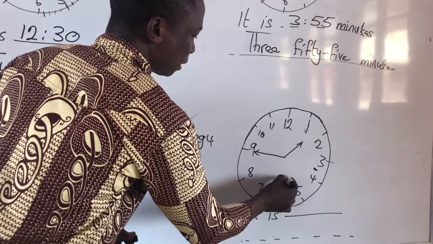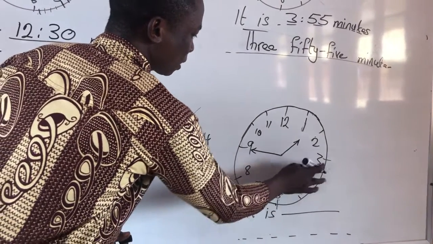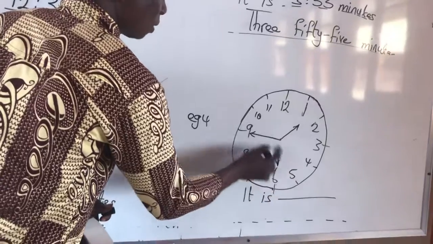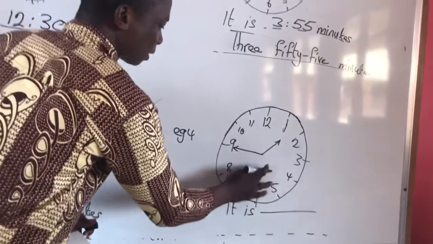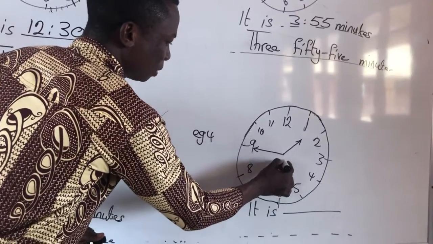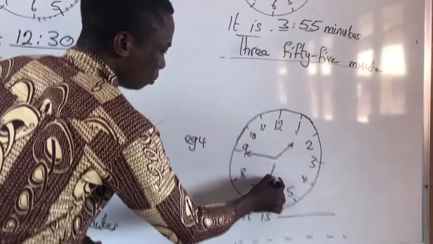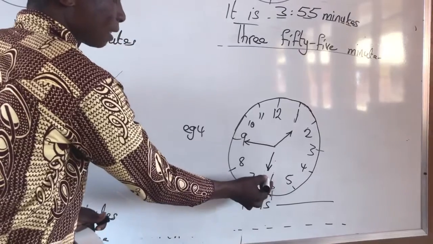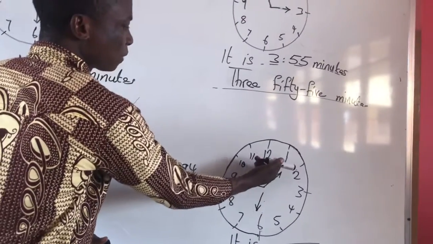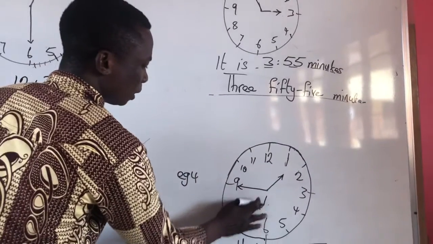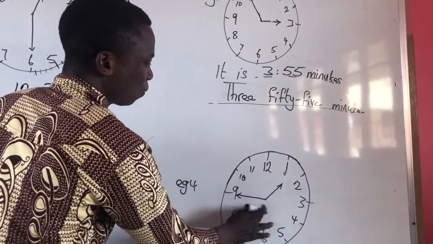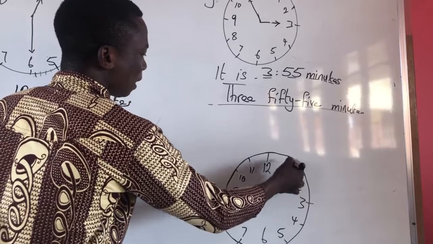When it is here, it is not necessary it will be on 6. That you tell us it's 6 something or 6 o'clock, 6:30, 6:40. The shorter hand can sometimes come here, move a little bit from 6. As you have seen here, it moves a little bit from 1, moving towards 2. So it is still in the region of 1, so it is still in 1 hour.